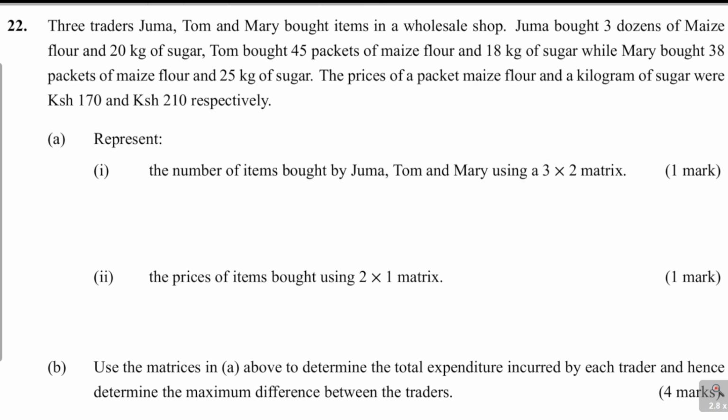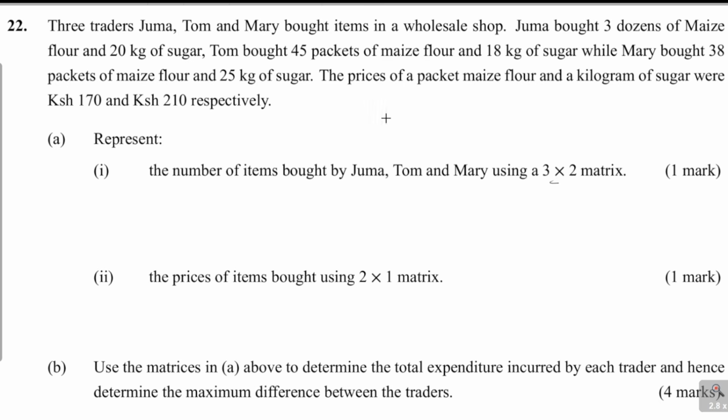Part A, represent the number of items bought by Juma, Tom, and Mary using a 3x2 matrix. A 3x2 matrix is a matrix that has 3 rows and 2 columns. You understand the order of matrices, 3 rows and 2 columns. So how do we get the 3 rows? This is how we're going to organize it.